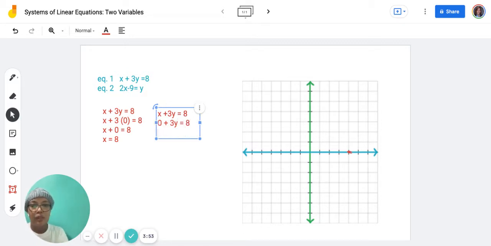So it will become 3y is equal to 8. You divide both sides of the equation by 3. Y therefore will become 8 over 3. So using your calculator, 8 divided by 3 is equal to 2.67.